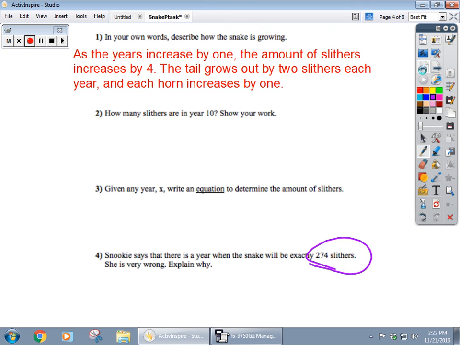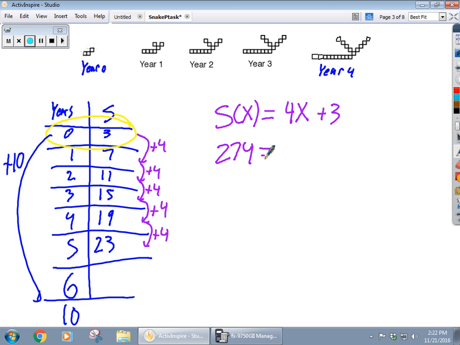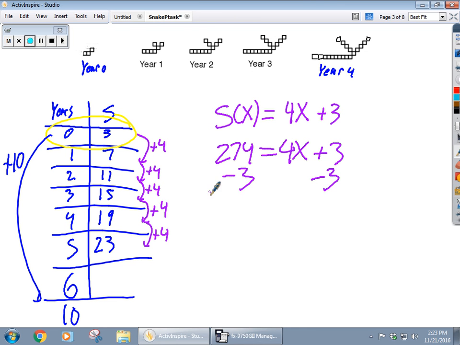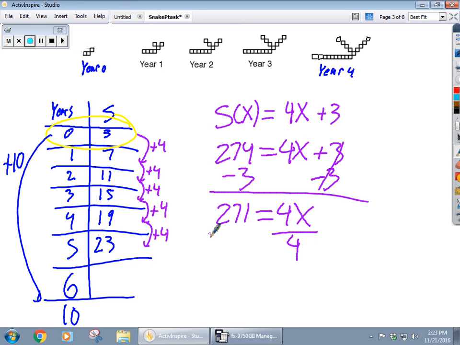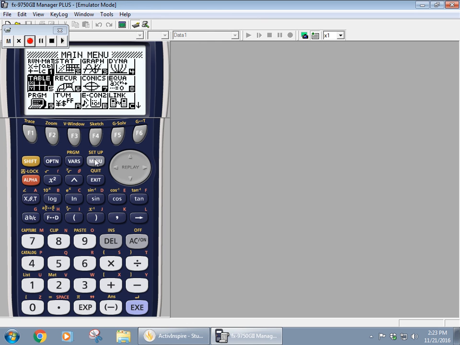So in our equation, instead of S of x, we'll have 274 slithers, and the question is, what is x going to be when that happens? Doing some algebra, we can eliminate this 3, so we have 271 is equal to 4x. Let's eliminate that 4 by seeing what 271 divided by 4 is.